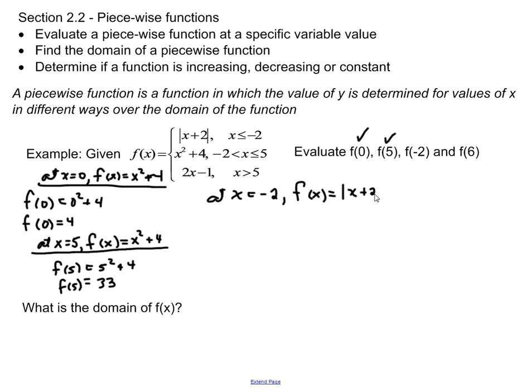So we would be substituting in negative 2 in just this top piece. At x equals negative 2, we find that f of negative 2 is equal to the absolute value of negative 2 plus 2, which is to say 0. So f of negative 2 is equal to 0.